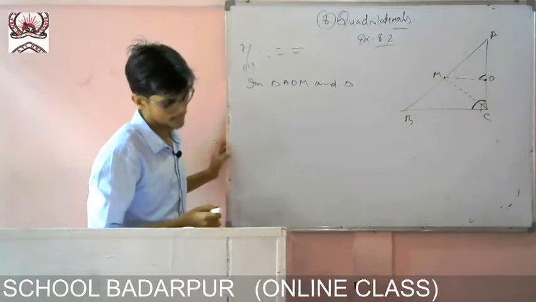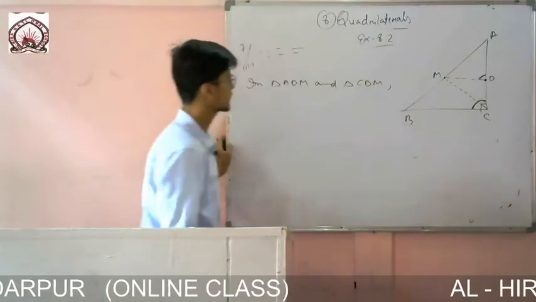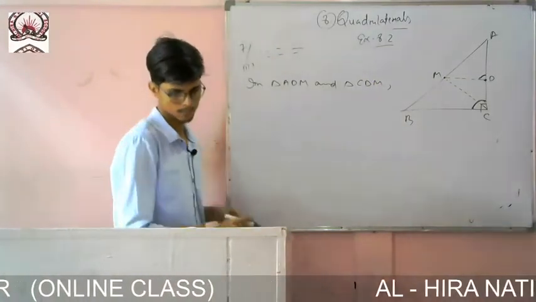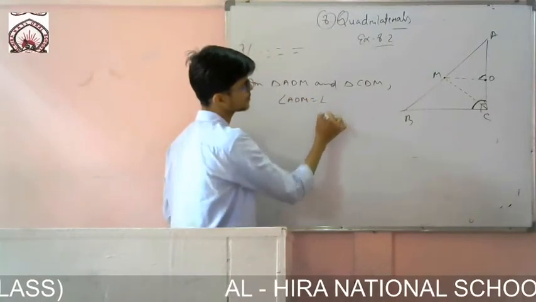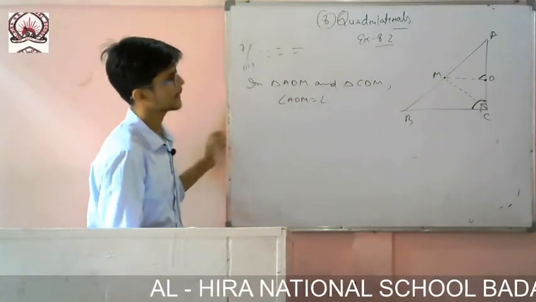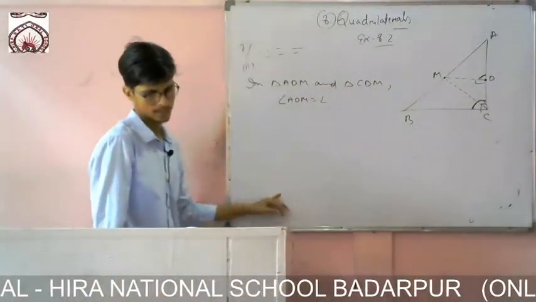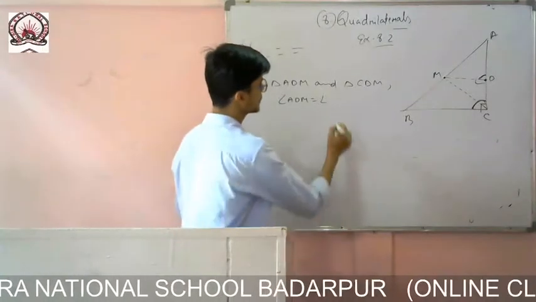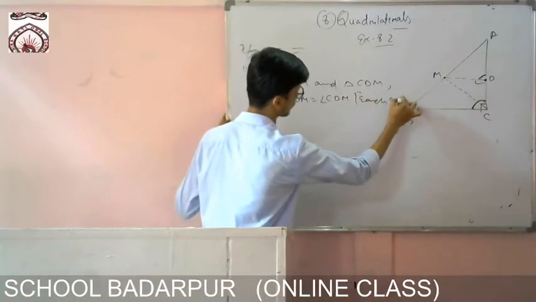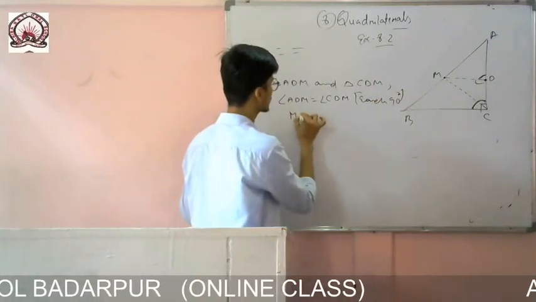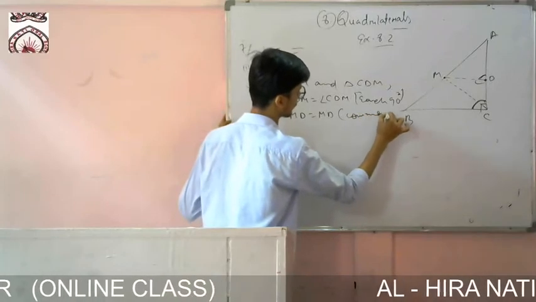In triangle ADM and triangle CDM, we have angle ADM equals angle CDM, because if MD is perpendicular, these two angles will be 90 degrees.